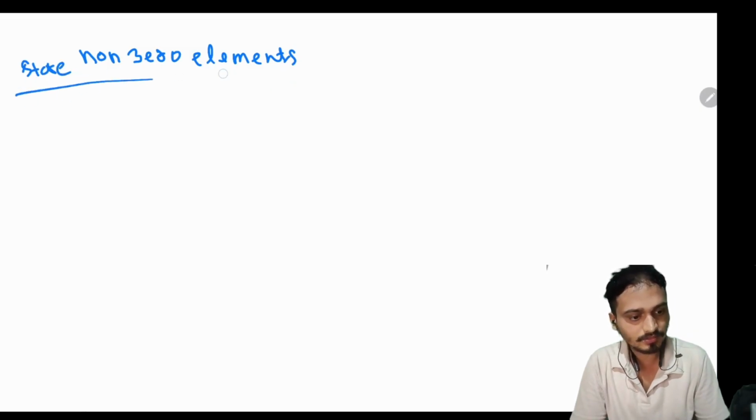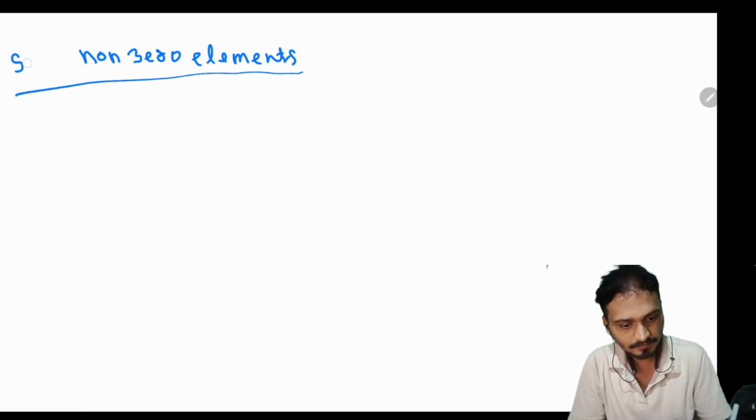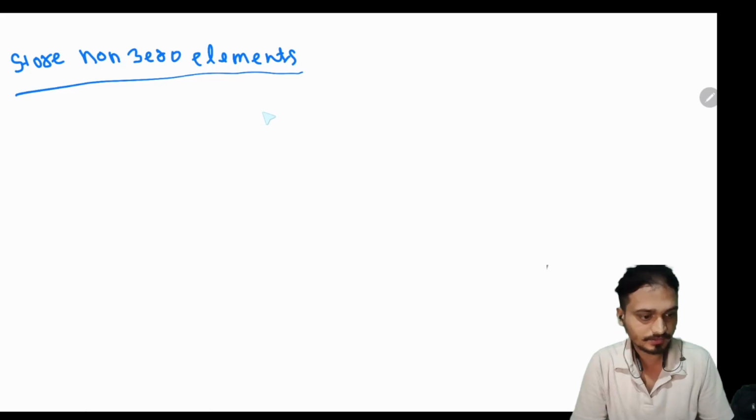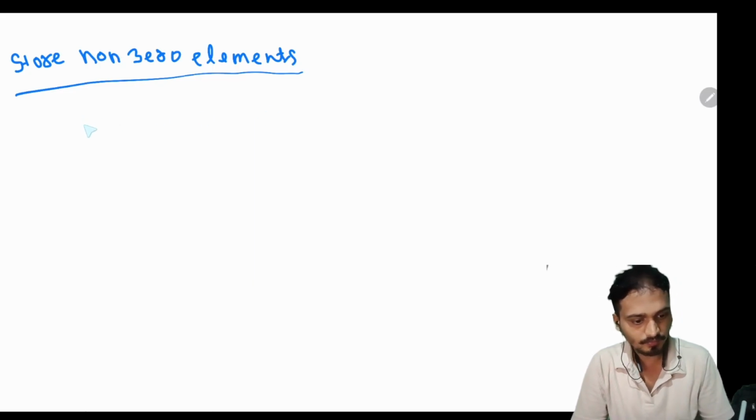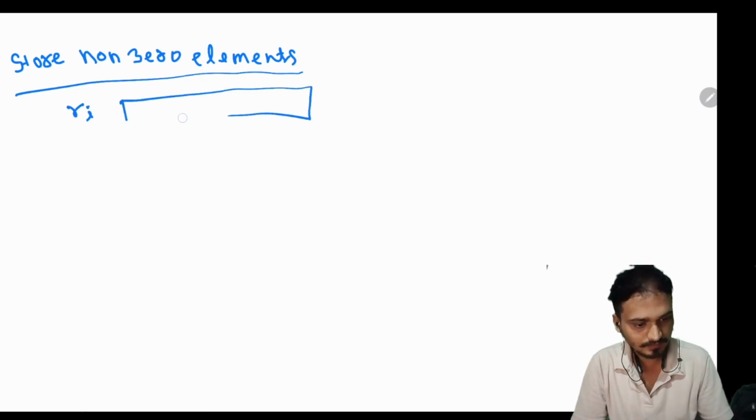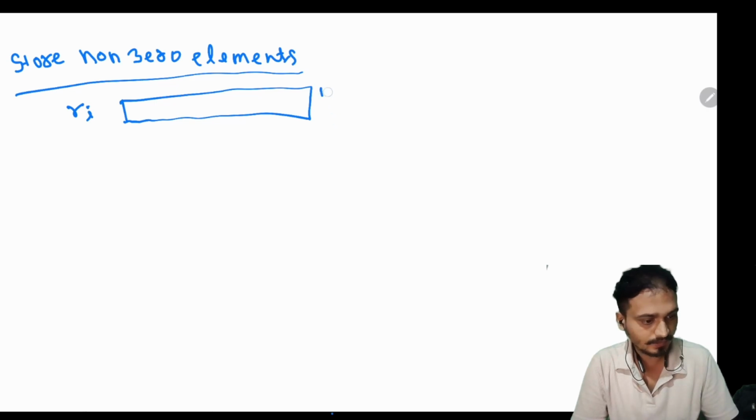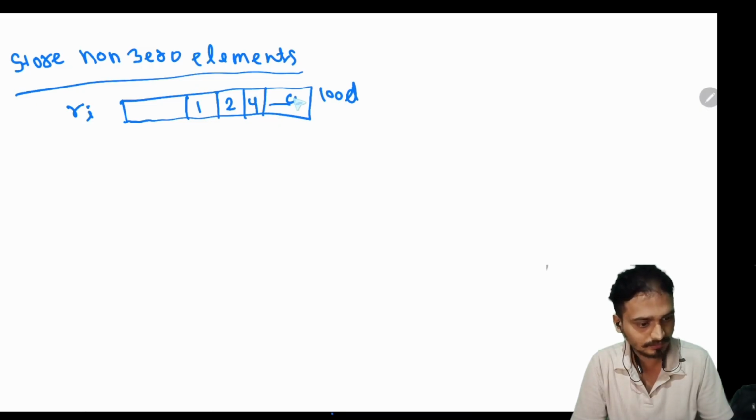How can we store non-zero elements? It's a better way. Store non-zero elements only. So how do we store? Let's say of that Ri, it was of 100 dimension and only three values 1, 2, 4, and everything else is 0.